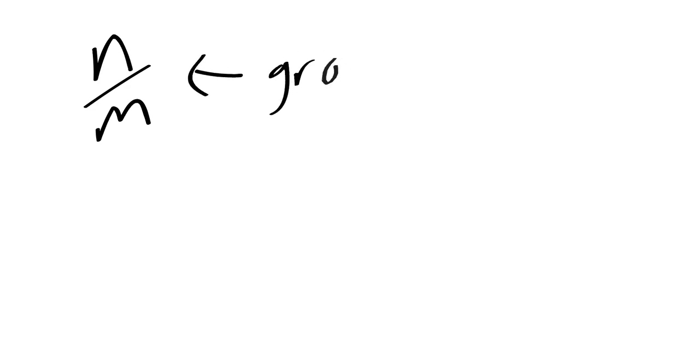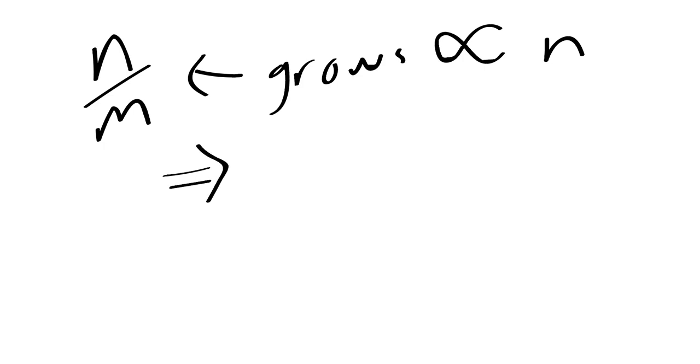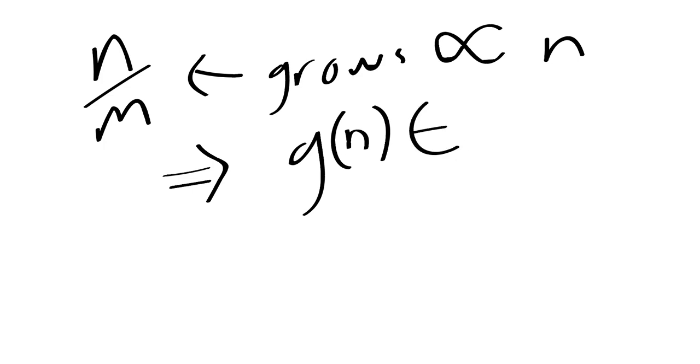But when do we not get constant time? Well, if n over m grows proportionally to n, then we don't have the 1, so our runtime is not in theta of 1, right?